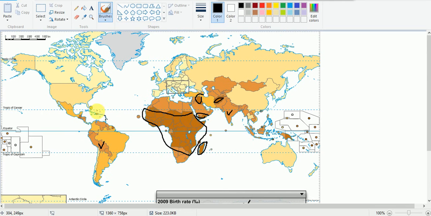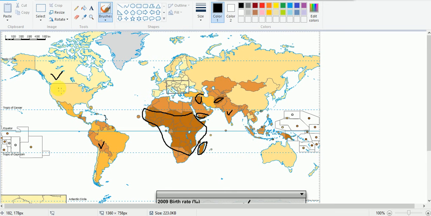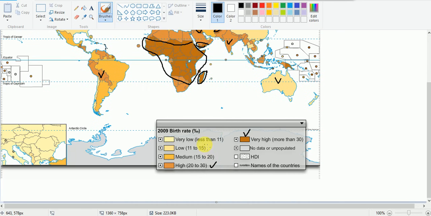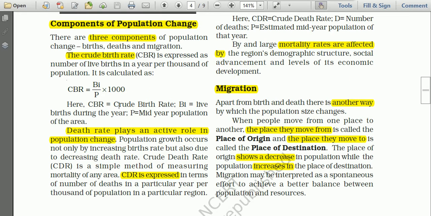For example, Canada and USA, I think, come under the low category. Likewise we have Australia. In this way, these maps tell the distribution pattern of crude birth rates in the world.